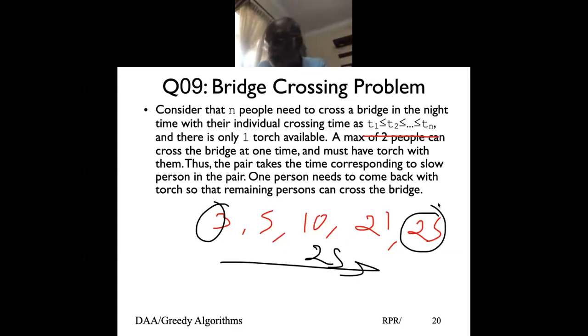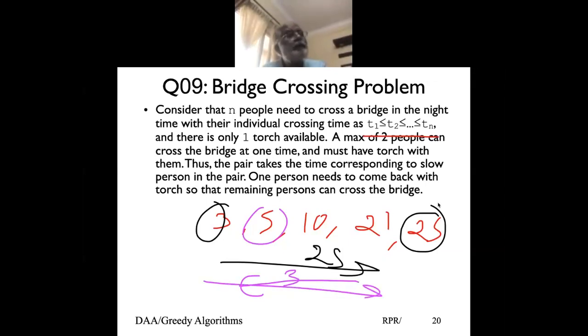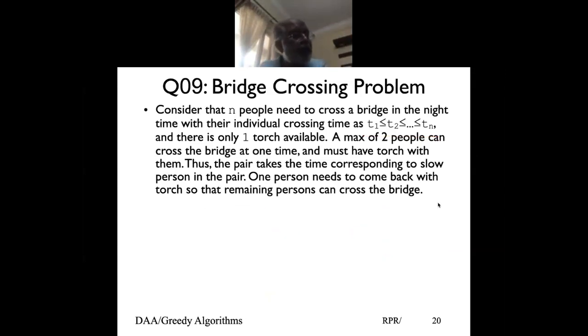Now everybody has to cross the bridge. Without the torch you cannot cross the bridge. So one person has to come back. So the person with the smallest time, let's say 3, comes back. Now again 3 goes with, let's say, 5 or 10, whatever. So this is the problem of how to cross. Two people go together, one comes back with the torch, then two people go together.